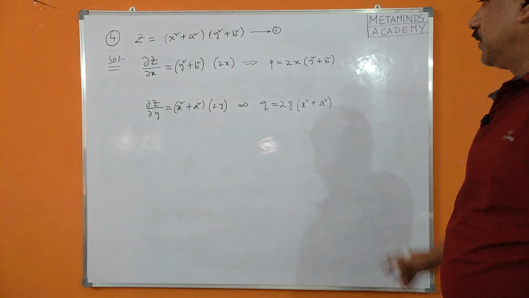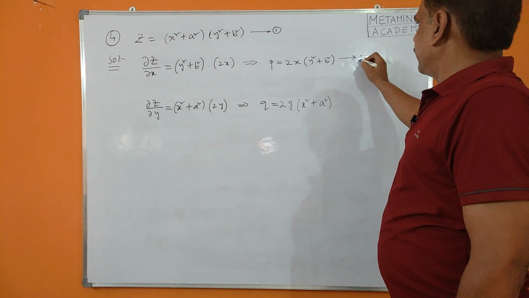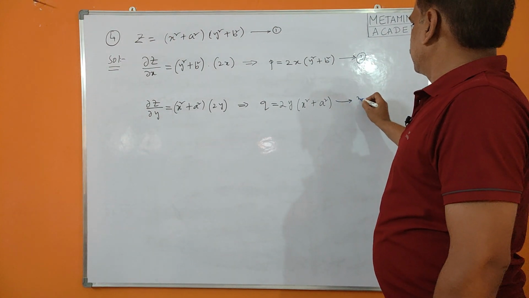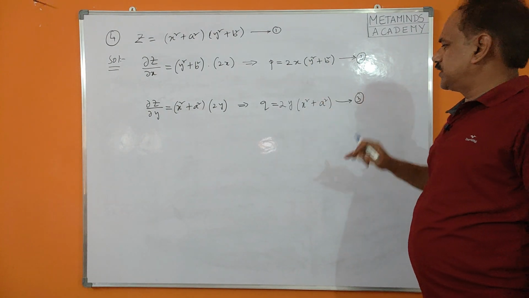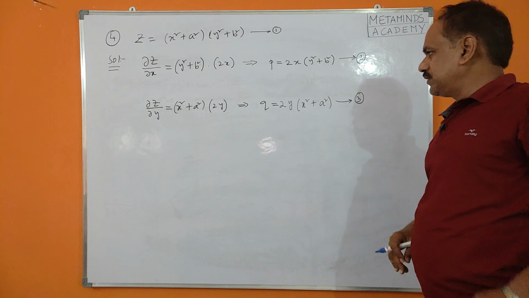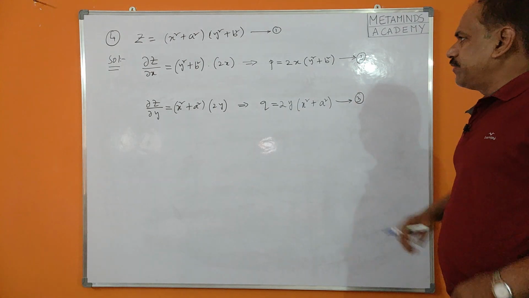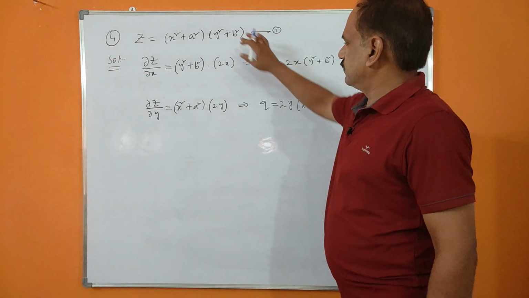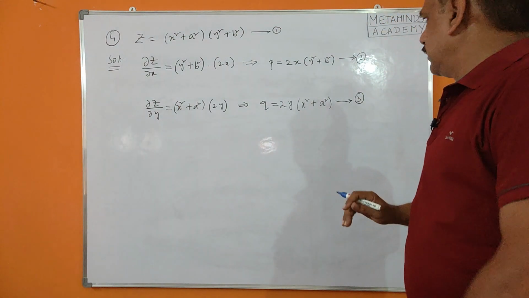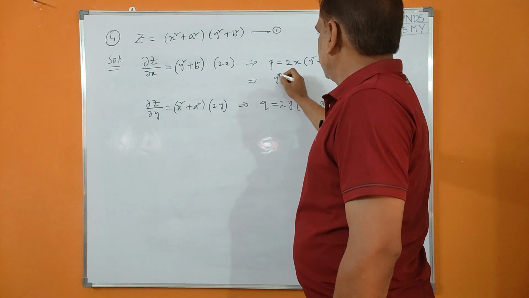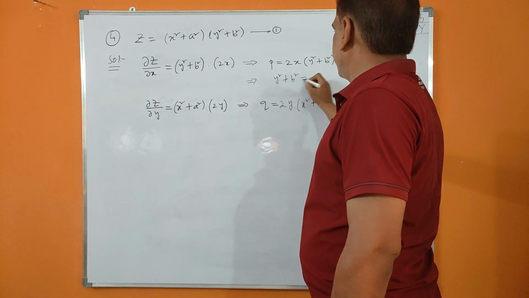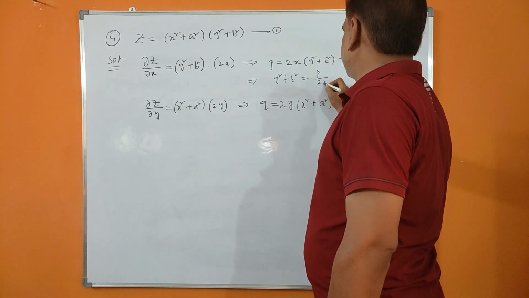Right? Now how to eliminate? Because b is still there in this equation and a is present in this equation, we need to eliminate a and b from these three equations. From this you can write y square plus b square as p by 2x.